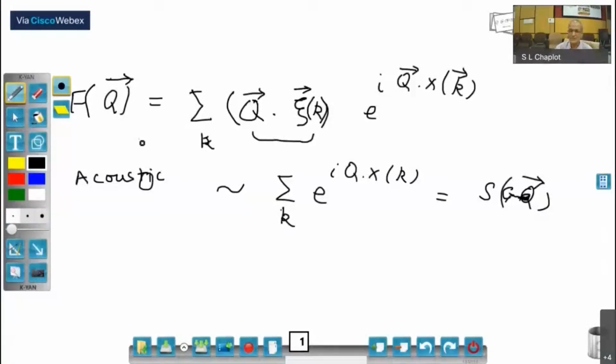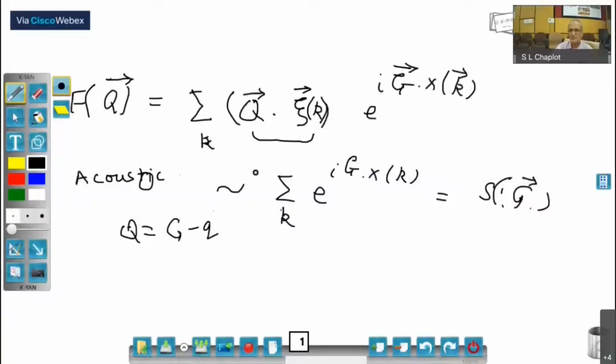This needs to be corrected a little bit. And we said Q is equal to G minus q.